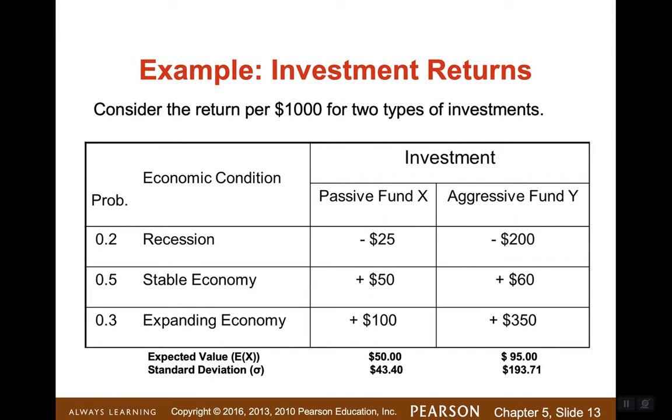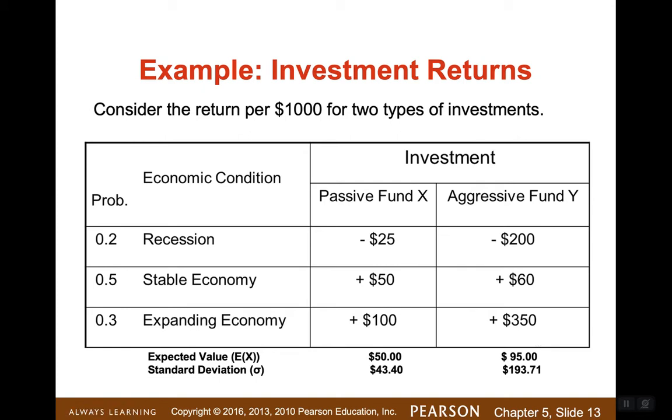For each one, we would estimate that in a recession we would lose $25 in our investment, but we would lose $200 if we were in the aggressive fund. In a stable economy, we'll make 50, and for the aggressive fund, we would make 260. In an expanding economy, we would make 100 for the passive fund. We would make 350 in the aggressive fund.